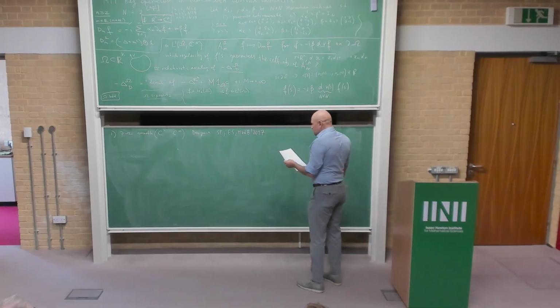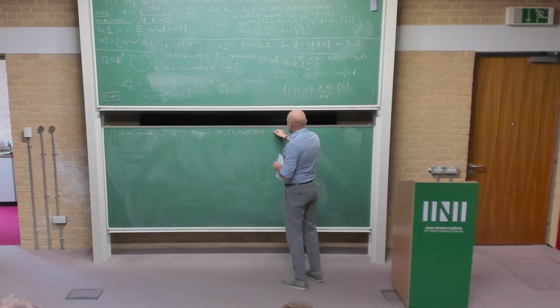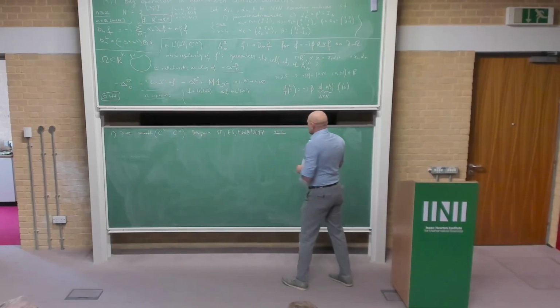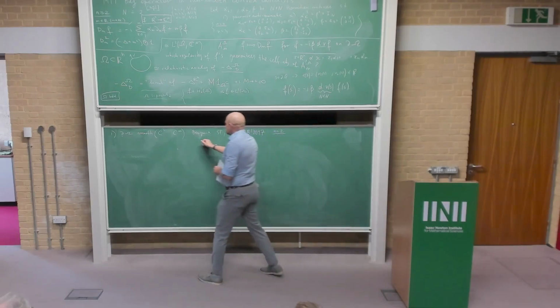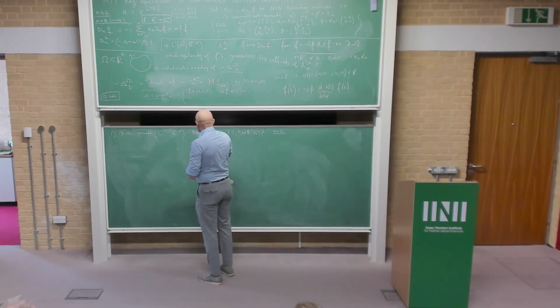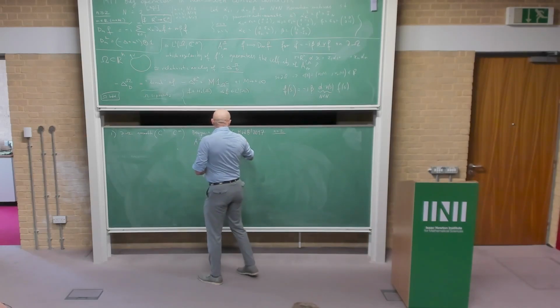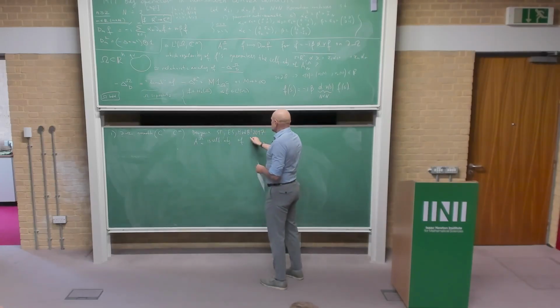2017. They considered the case when n equals 2, and they have shown that the operator A omega m is self-adjoint on what I call the H1 domain.